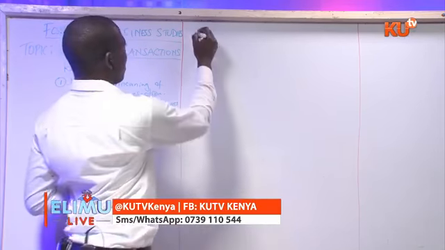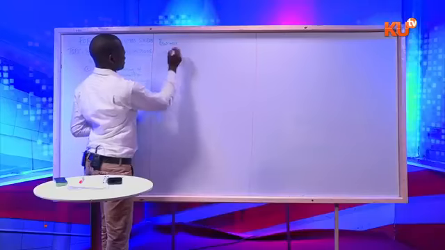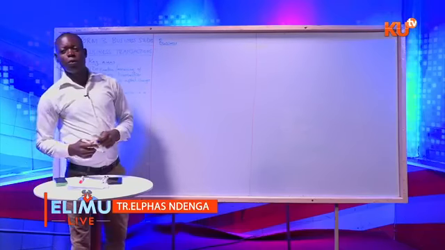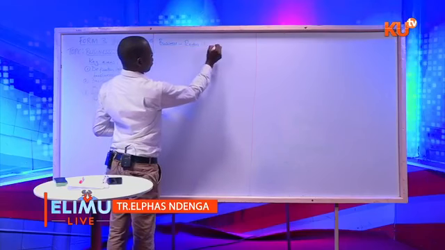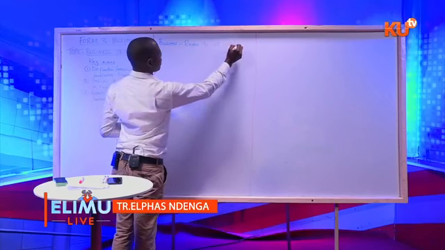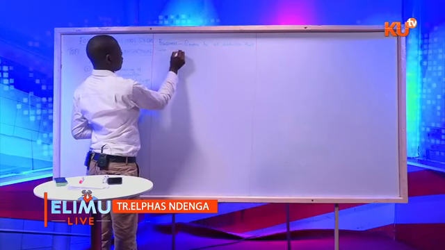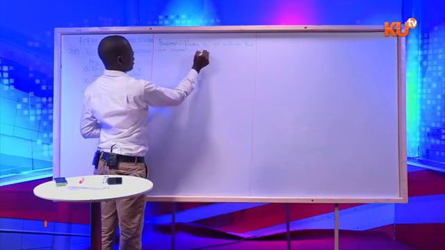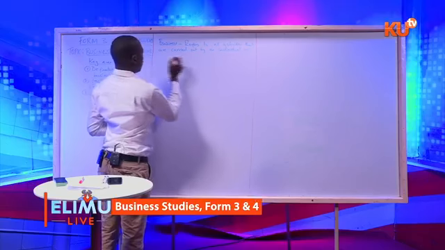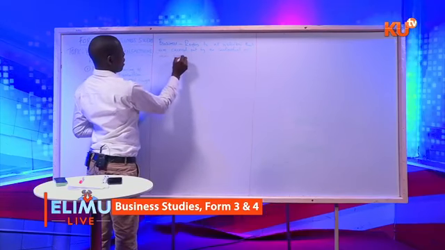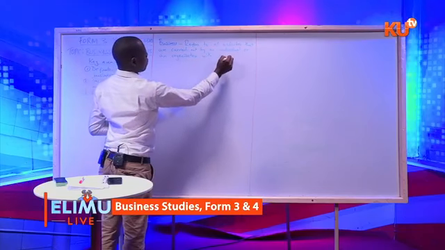In Form 1, under the introduction of business studies, we defined business as an entity which constitutes all activities that are carried out by an individual or an organization with the view of making profits.